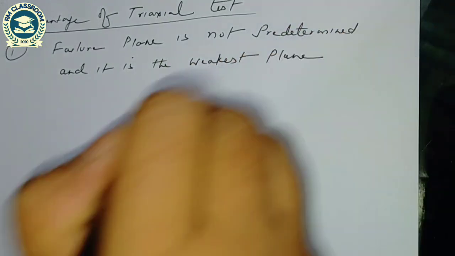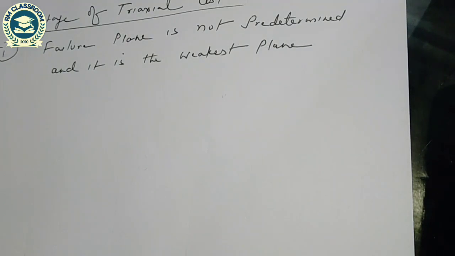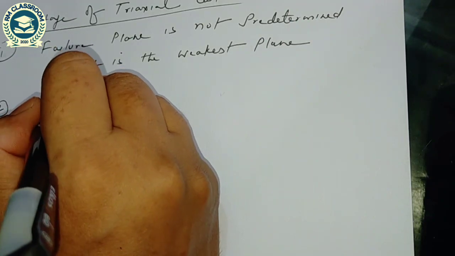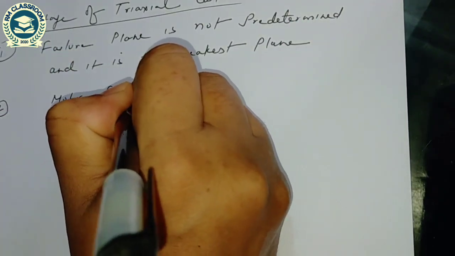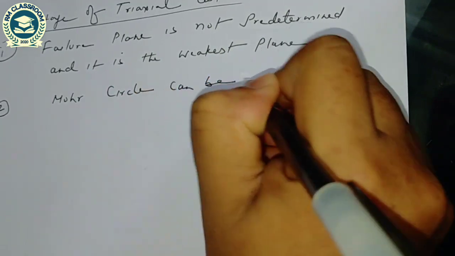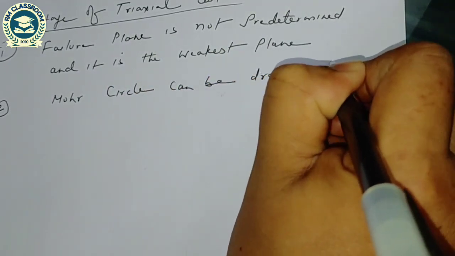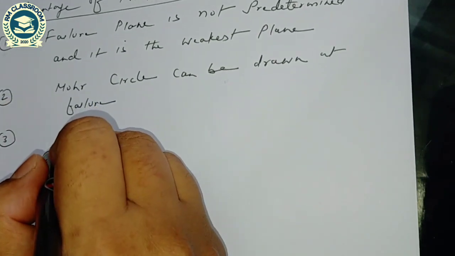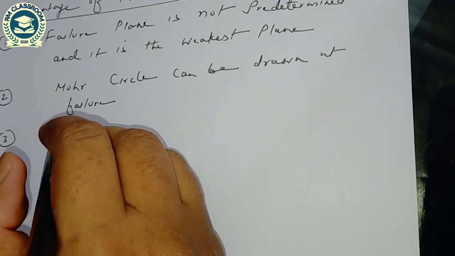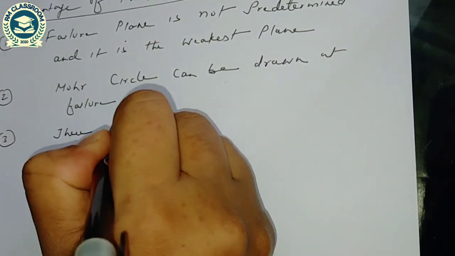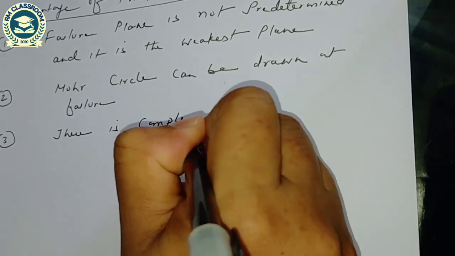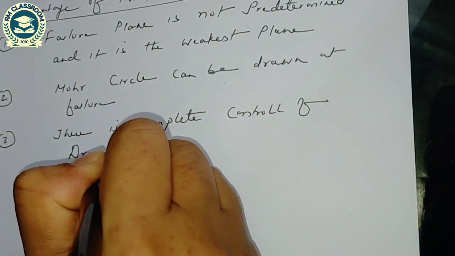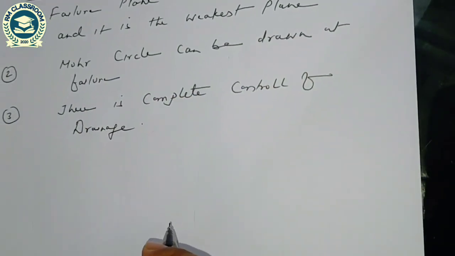So in the direct shear test, we have seen failure plane is predetermined. Second, Mohr circle can be drawn at failure. Third advantage is there is complete control of drainage, as it was not in the direct shear test.